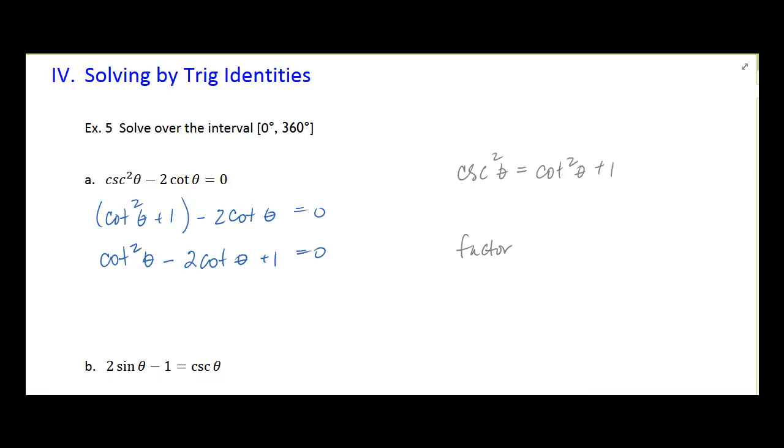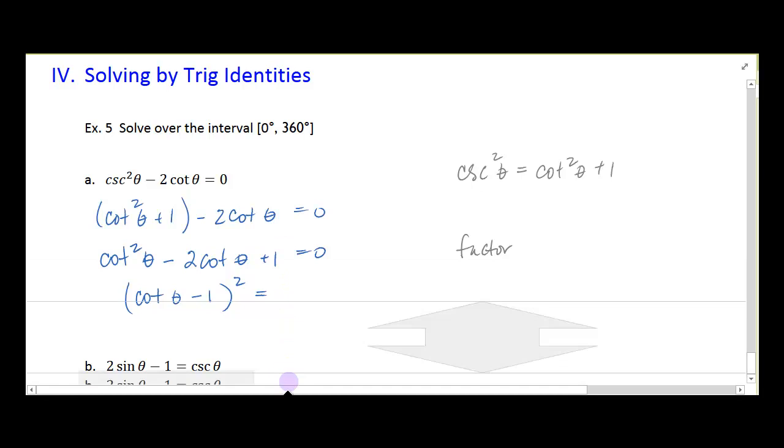So if I were to factor this, I would recognize that this is going to be cotangent theta minus 1 quantity squared, because the first term is a perfect square, the last term is a perfect square, and the middle is twice the square root of those two numbers. So that's just one of those special ones, remember, that I asked you to learn.